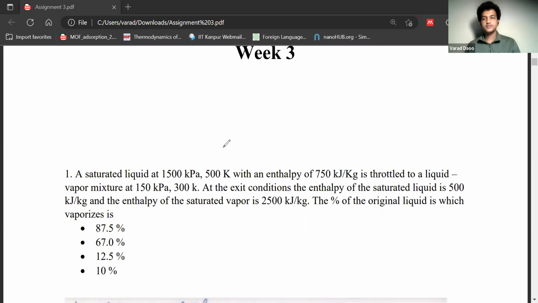So the first question I'm giving, let us read the question. Saturated liquid. From this, what you understand is it's completely liquid. Let me just increase the font size.